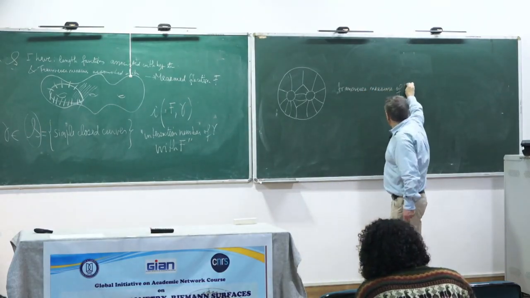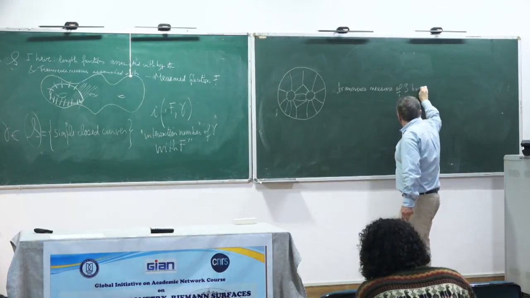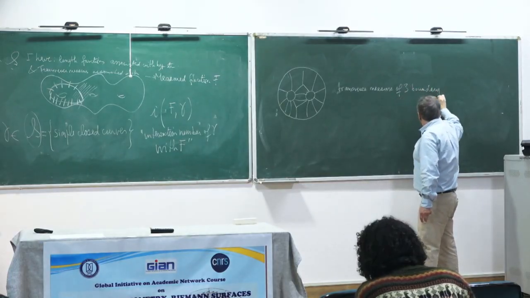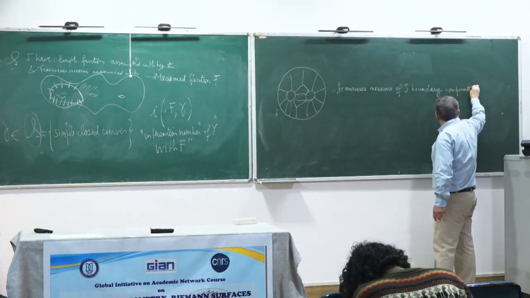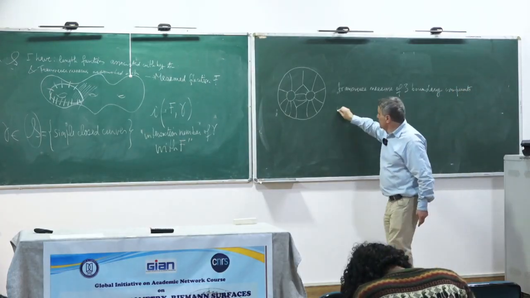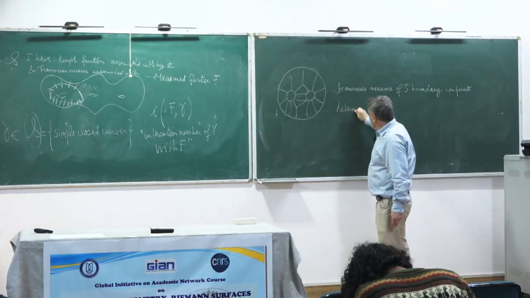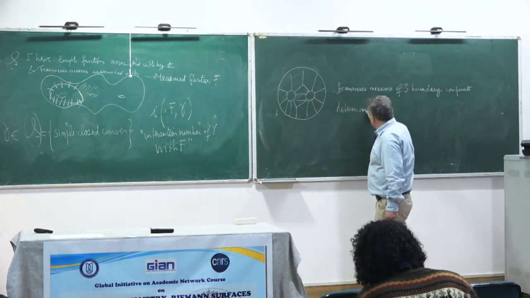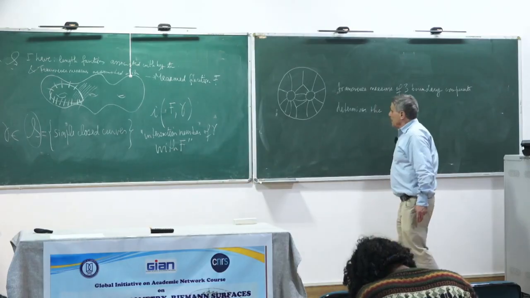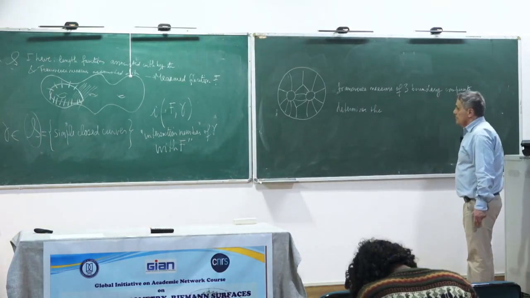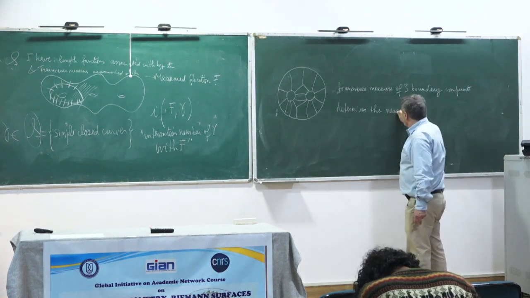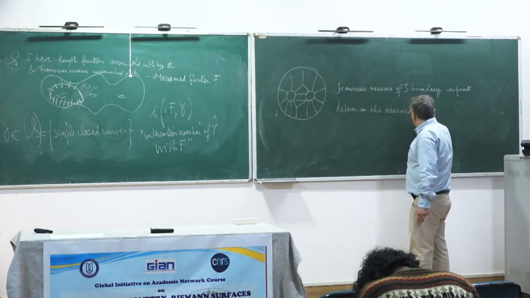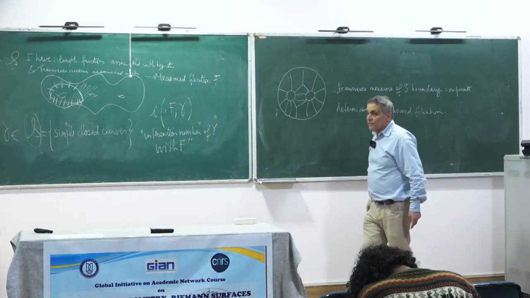of the three boundary components of the pair of pants determines the measured foliation on the pair of pants.